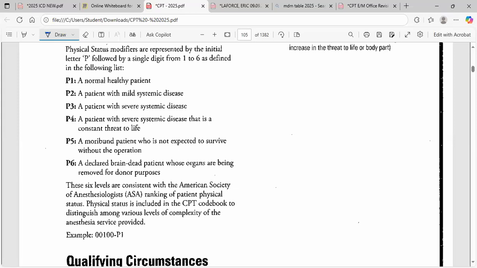So what is the situation of the patient at the time of anesthesia? We are going to represent that with the P modifiers. All these P modifiers are also known as the physical status modifiers.